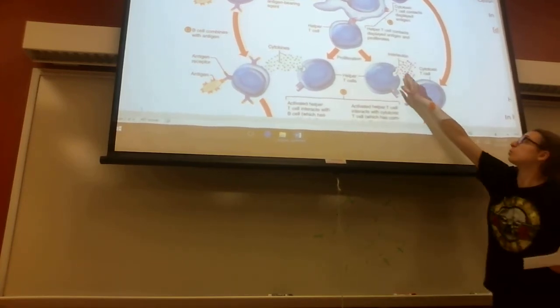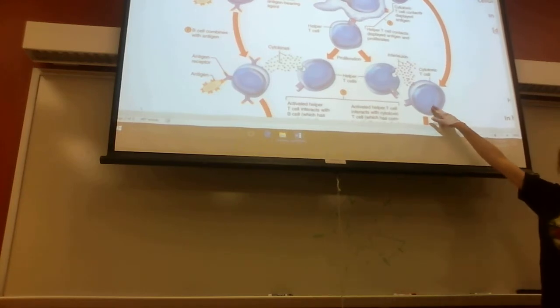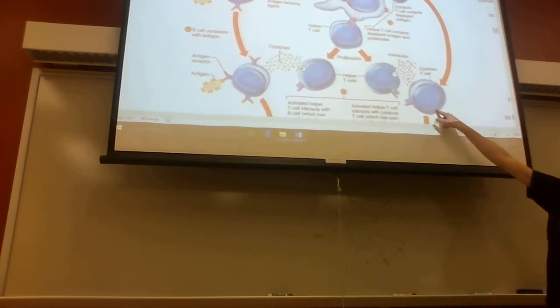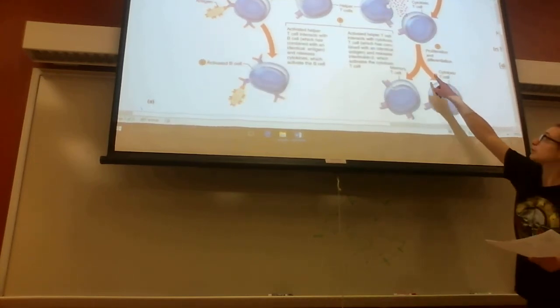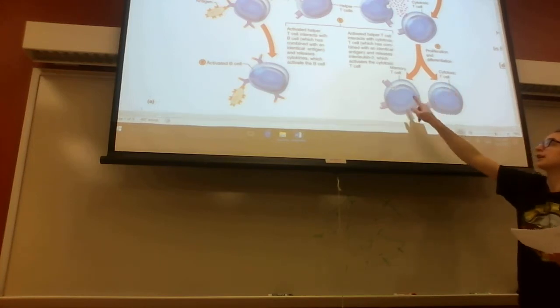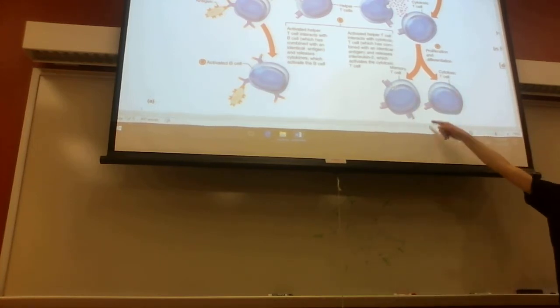Cytotoxic T cell will receive interleukin from helper T. Cytotoxic T cell will now become active. Last step, step number 5. Cytotoxic T cell will then proliferate and differentiate into memory T cells and cytotoxic T cells.